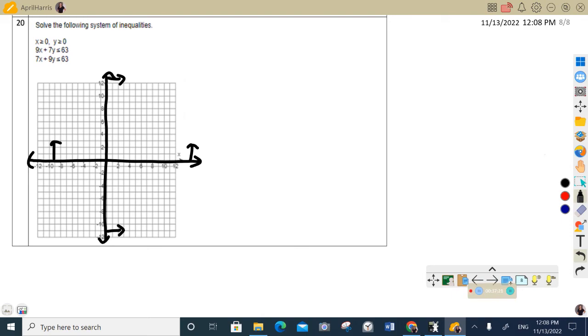My next 2 inequalities are both given in standard form, so I'm going to use the intercept method. I'm going to call this 1, 2, 3. For inequality 3, I'm going to use the x-intercept and the y-intercept to graph this because it's going to be the fastest way.